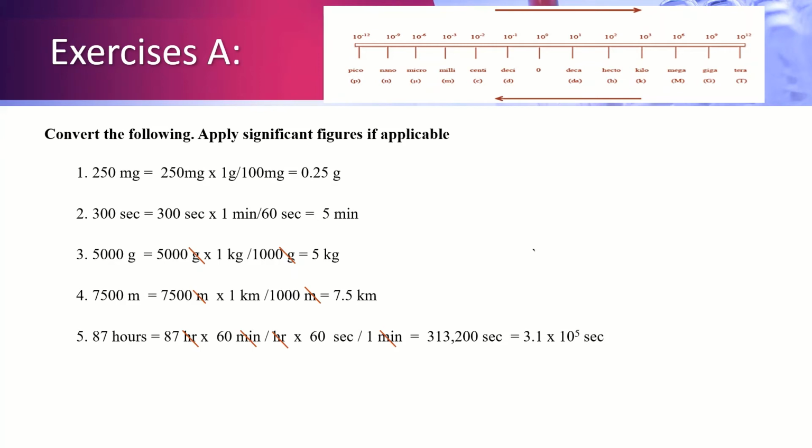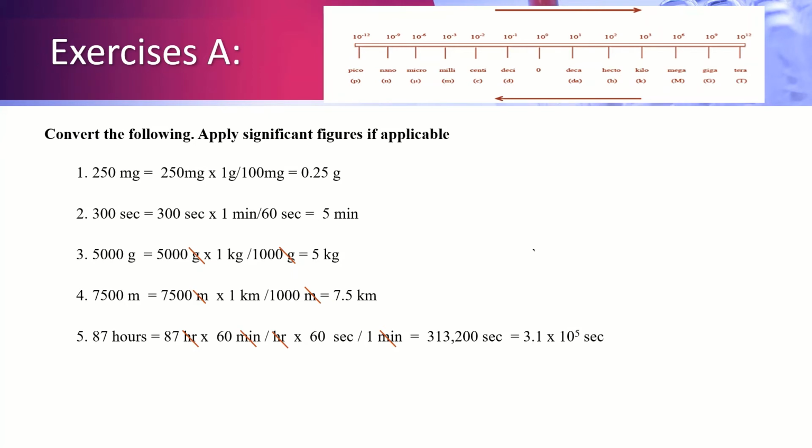So you multiply 87 times 60 and times 60, you get the final product of 313,200 seconds.